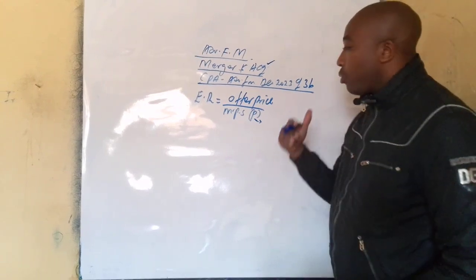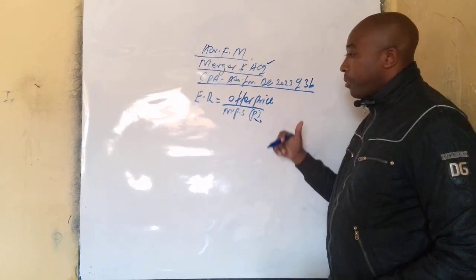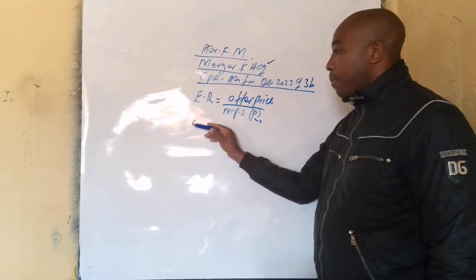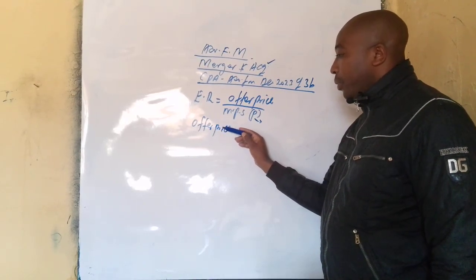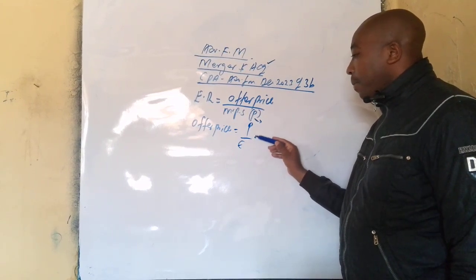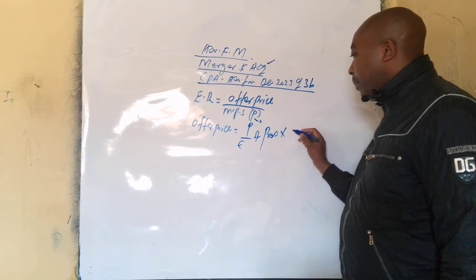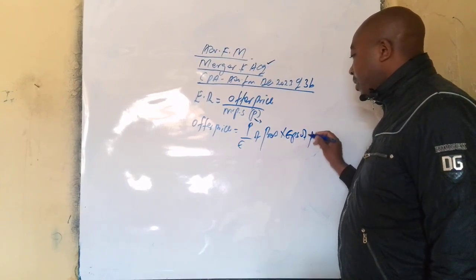In our case, Kubwa is the Predator, while Dogo is the target. There we are. Offer price, on the other hand, we use the formula: the price earning of Predator, we multiply by earning per share of the target.